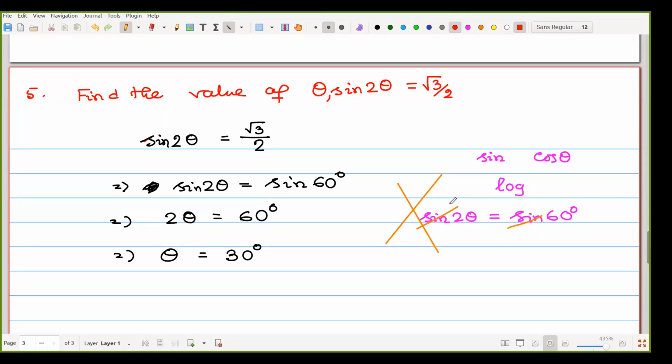We cannot divide that particular operator. That is not the multiplication case, as already said previously. It is only equality. So from here we can find that 2 theta is equal to 60 degree, but we are not dividing the operators.